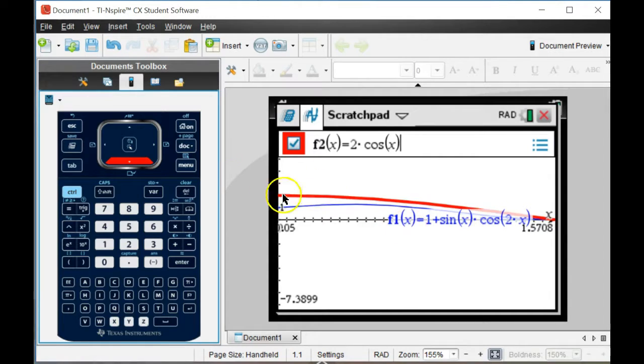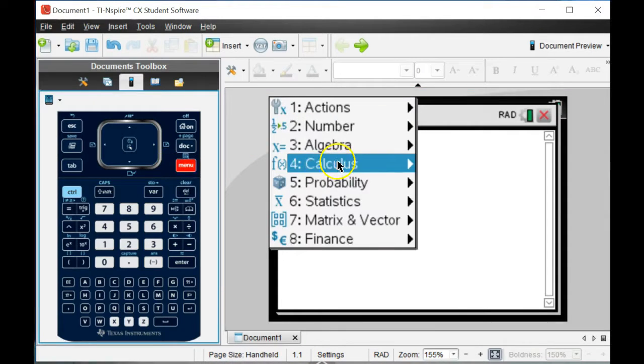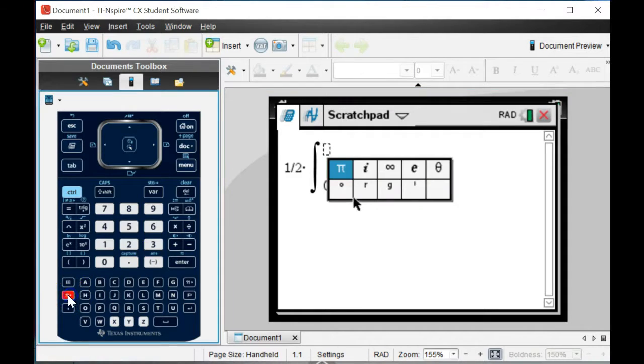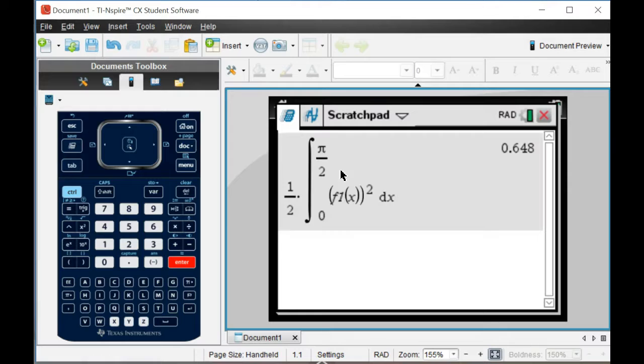So now that I've got both of those graphed, I'm going to type in 1/2 times, to do the integral, menu, calculus, numerical integral, from 0 to pi divided by 2. Now I need the radius squared. My function is in terms of x, so I'm going to integrate with respect to x, and it's f1 of x that gets squared. And what did I get? I've got 0.648. I am totally going to cheat and look at the College Board scoring rubric. 0.648 is the right answer.